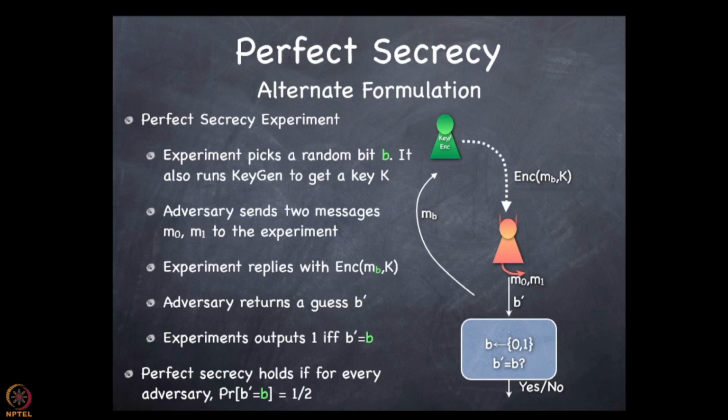But the security definition says for every adversary, so in particular every choice of M0, M1 that the adversary could pick, the advantage should be 0. So whether you encrypted M0 or M1, the ciphertext distribution should look the same. Otherwise, an adversary can get some advantage here.